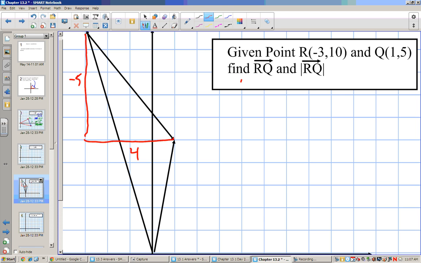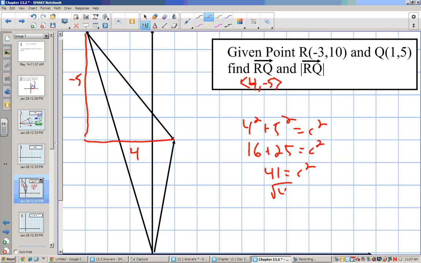So my RQ is 4 to the right, 5 down. My hypotenuse here is going to be 4 squared plus 5 squared equals c squared, or 16 plus 25, and that's 41. So the square root of 41 is our c value. And there we go.